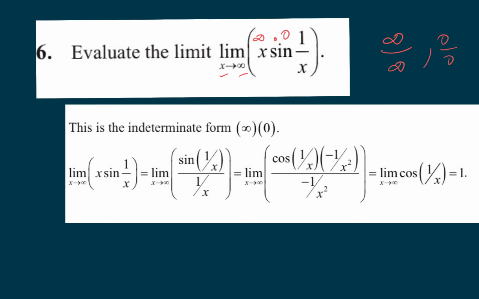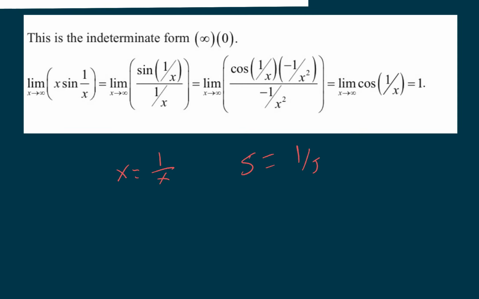So how do we massage this problem? The x can be written like 1 divided by... not by x. Well, 5 is not equal to 1 divided by 5, for sure. But 5 is equal to 1 divided by 1 divided by 5.